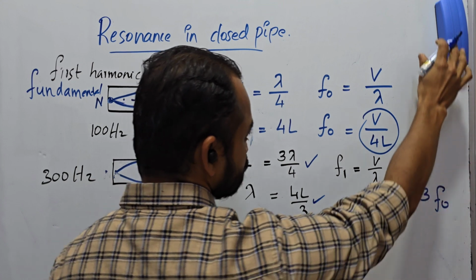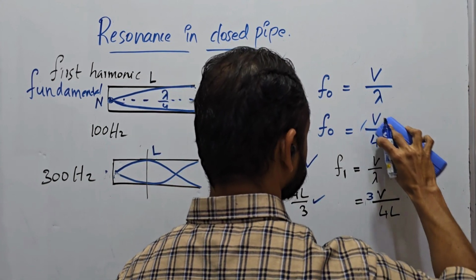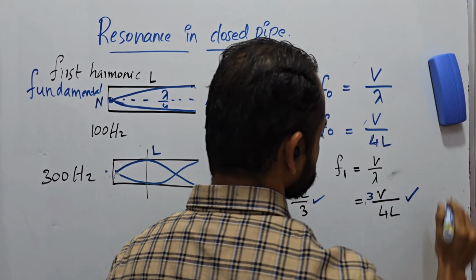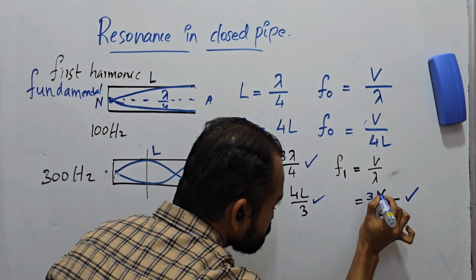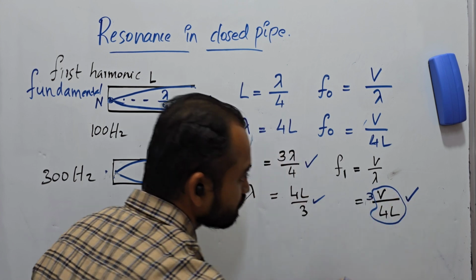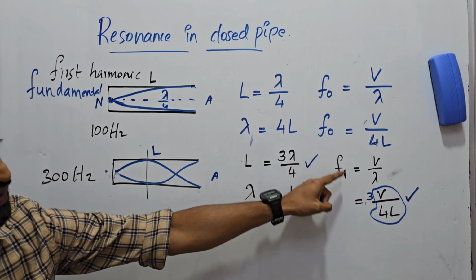Is this step clear for everyone? Okay, so my question is, what is V by 4L?